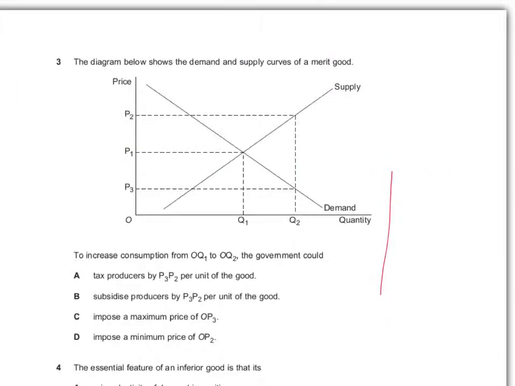So question 3 is quite difficult because we haven't looked in any detail at merit goods. But we have got a normal equilibrium where the equilibrium is currently at P1. And the question says, how do we get to OQ2?